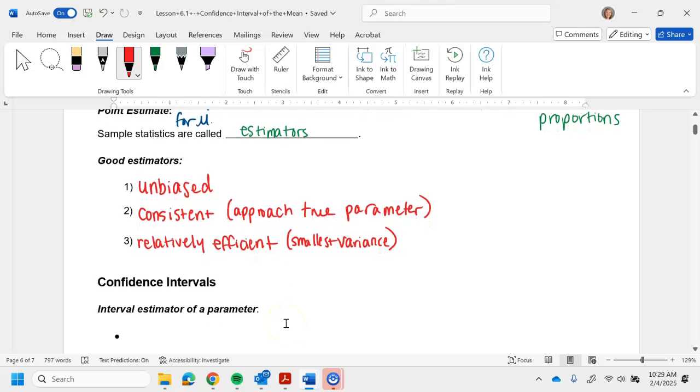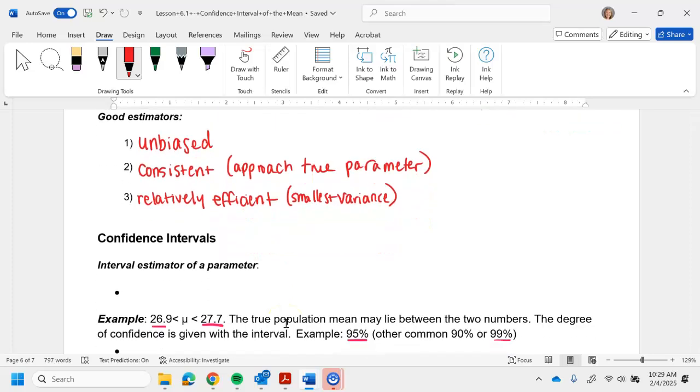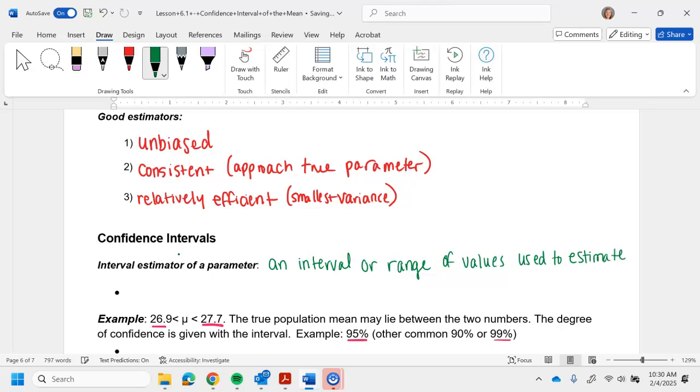So we talked about that this whole section is on confidence intervals. So what we're doing is getting an interval estimate of a parameter. So this is an interval range of values used to estimate the parameter.